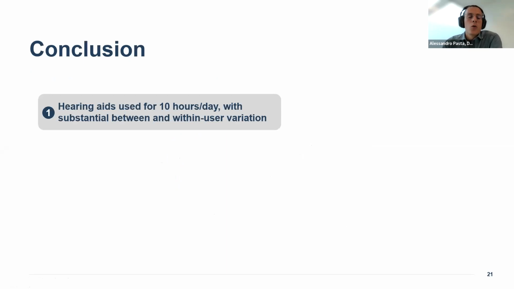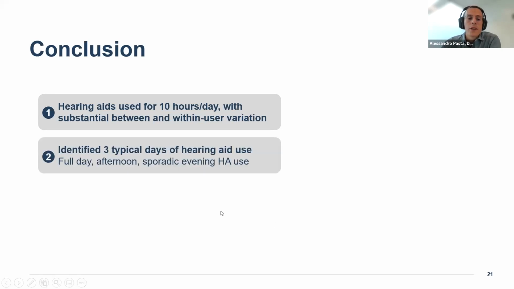So all in all, we analyzed the amount of hearing aid use based on data logged by smartphone connected hearing aids. We found that hearing aids have been used for around 10 hours per day by our users in the sample. And we also found a substantial between, but also within user variation. We then looked into the hourly patterns of hearing aid use, and we identified 3 typical days of hearing aid use: a full day of hearing aid use, an afternoon day of hearing aid use, and a day of sporadic evening hearing aid use.